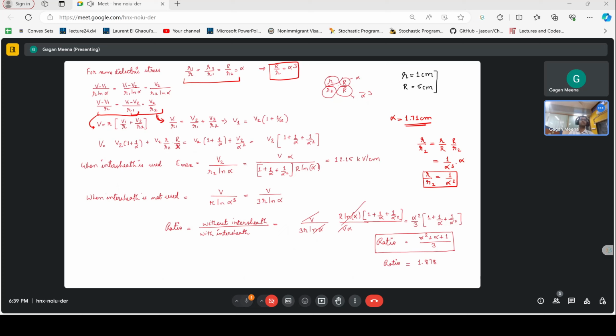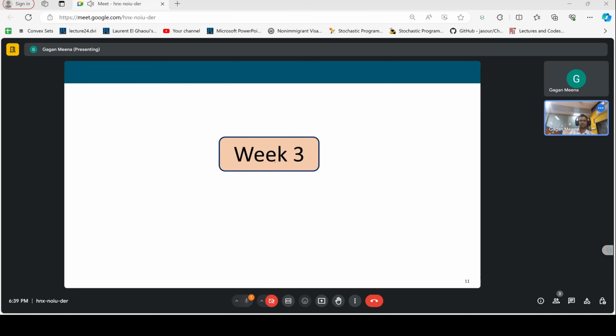Next, transmission and reflection coefficients for voltage and current.